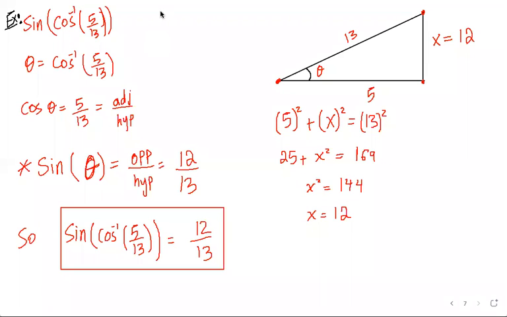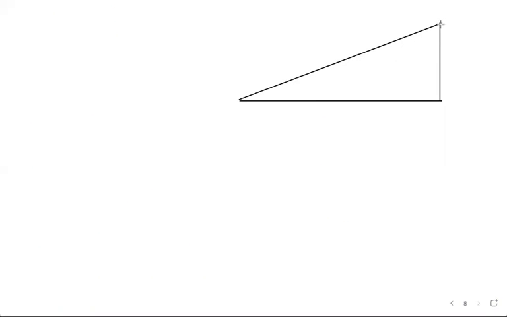I have a question about the Pythagorean theorem. Is it always the hypotenuse that has the equal sign? Yes. So let me write the formula for the Pythagorean theorem. Suppose I have a right triangle like this, and suppose this is my angle theta.